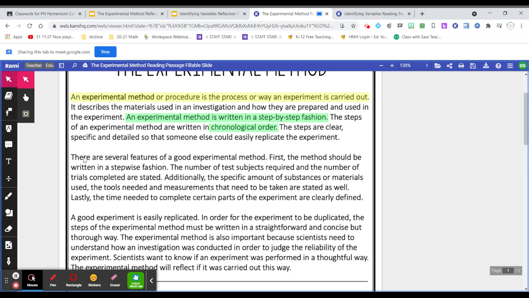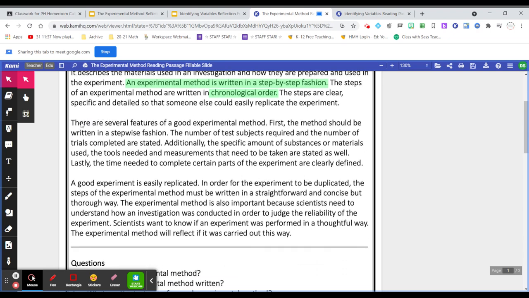So let's go ahead. We're going to look at our next paragraph. There are several features of a good experimental method. First, the method should be written in stepwise fashion. The number of test subjects required and the number of trials completed are stated. Additionally, the specific amount of substances or materials used, the tools needed, and measurements that need to be taken are stated as well.